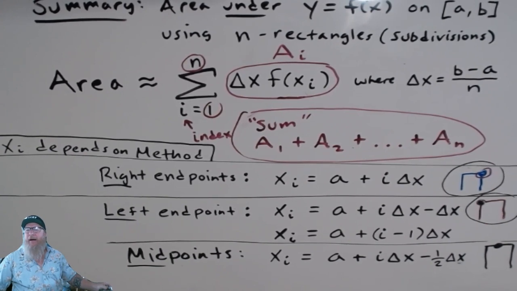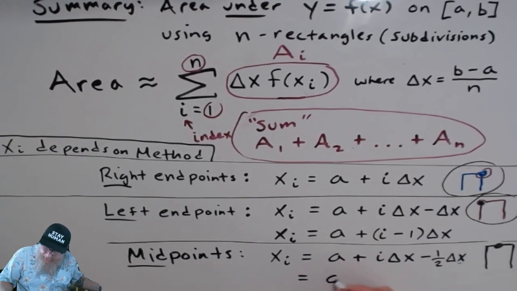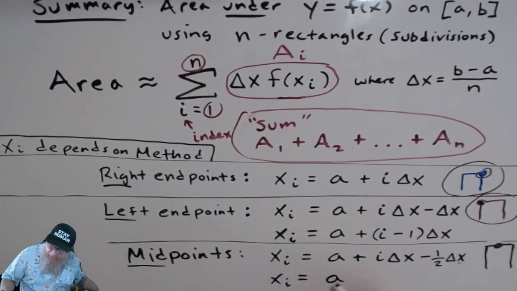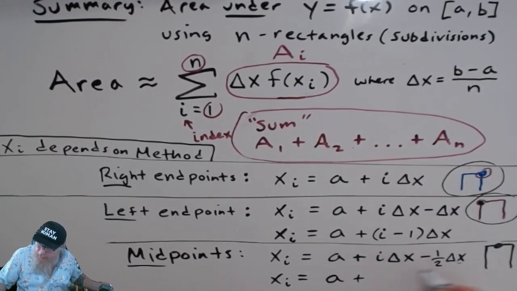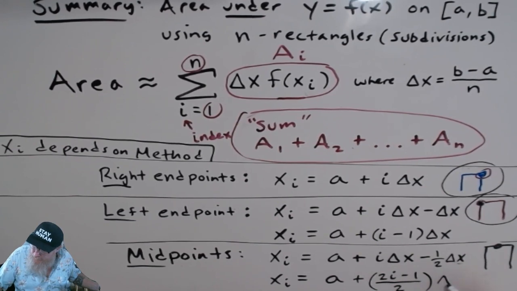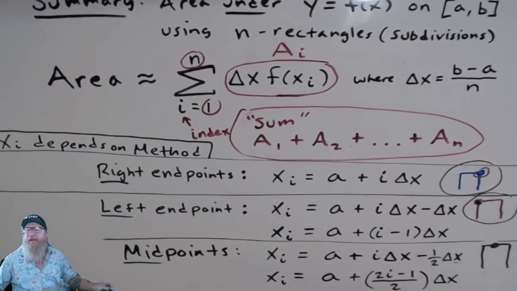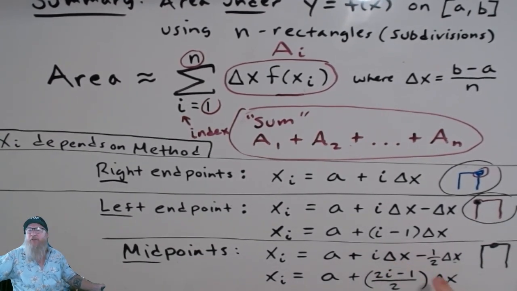Now you could just leave it like this, or you could simplify it. I'm going to combine all this together. It's (2i minus 1) over 2 times delta x. There's a little bit of algebra that goes on here.